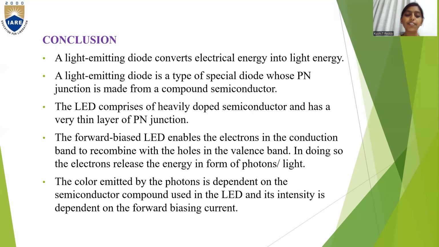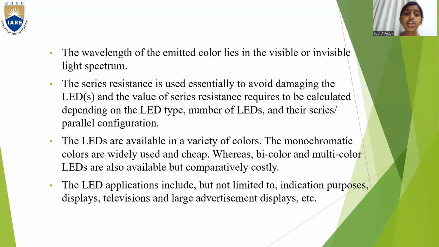The color emitted by the photons is dependent on the semiconductor compound used in the LED, and its intensity is dependent on the forward biasing current. The wavelength of the emitted color lies in the visible or invisible light spectrum. The series resistance is used essentially to avoid damaging the LEDs, and the value of series resistance needs to be calculated depending on the LED type, number of LEDs, and their series or parallel configuration.